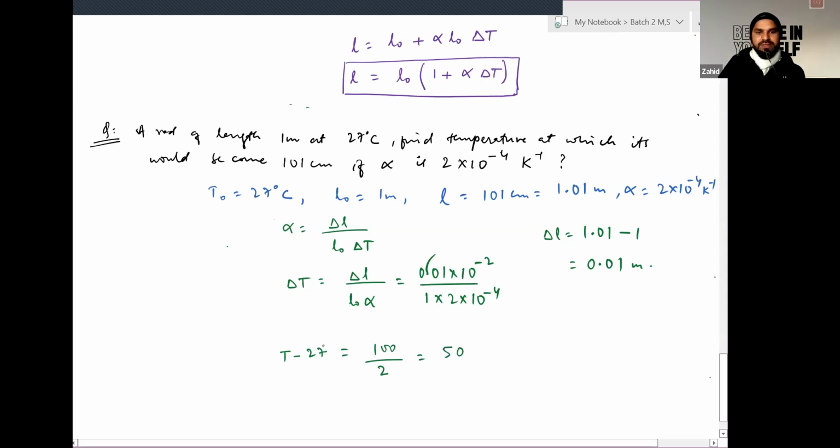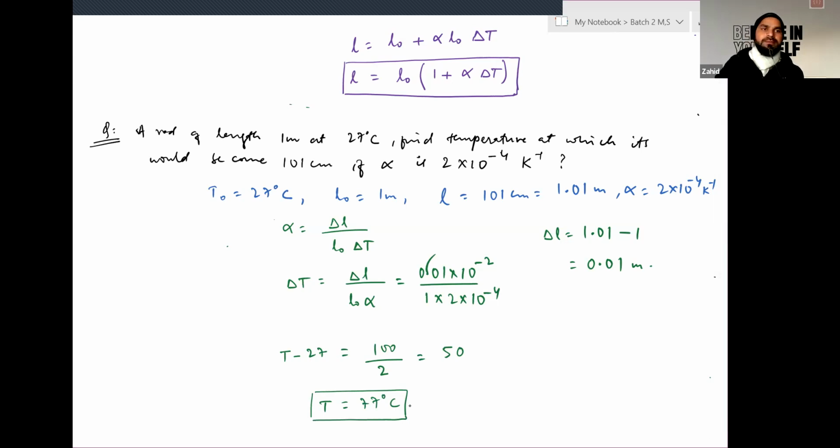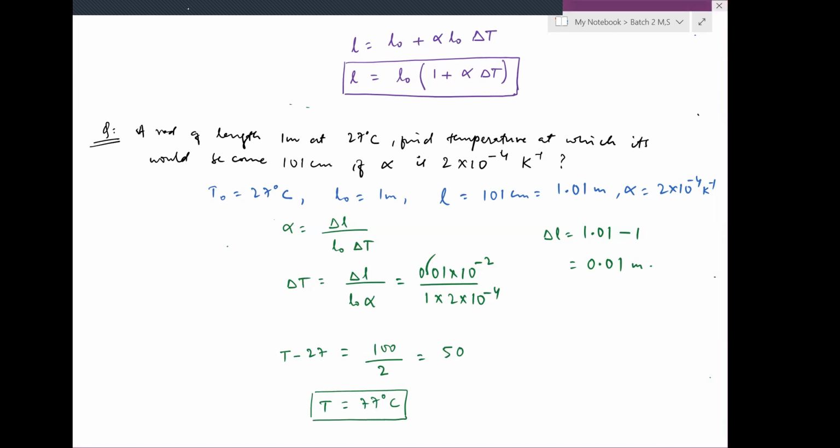Now move this 27 to right side. So T will equal 77 degrees Celsius. So at this temperature, length of this particular rod would become 101 centimeter. Is it clear? Yes, sir.